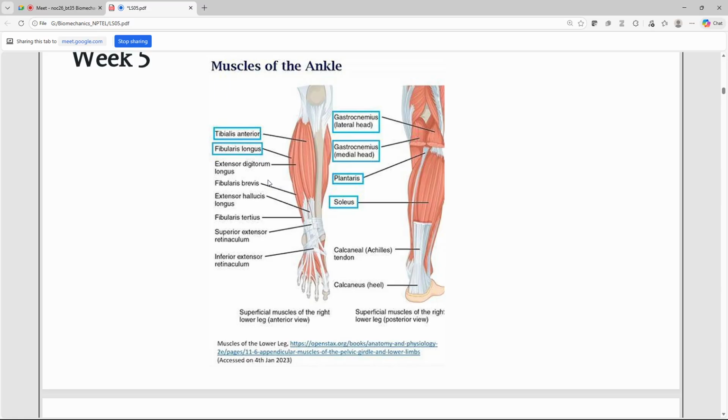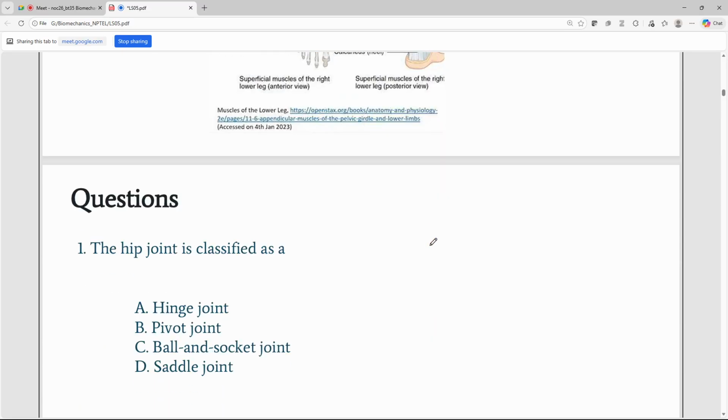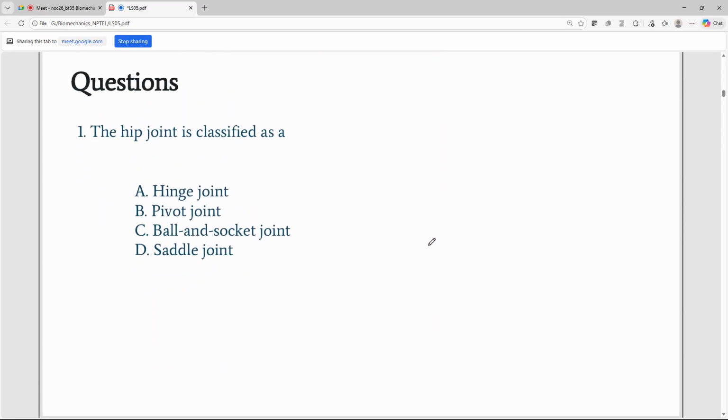These are the muscles in the ankle. Hope we can move on to the questions.